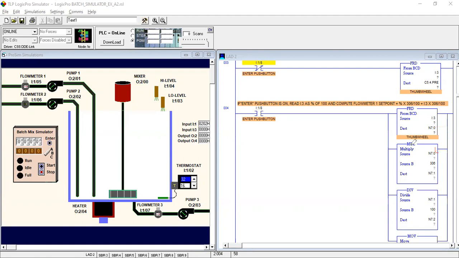This is the same in source A. Multiply has two sources, this one and this one, source A and source B, and our destination.